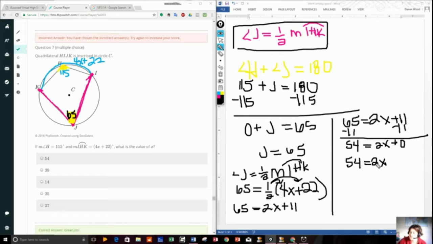Now 2 is multiplying x, so we're going to divide by 2. 54 divided by 2 is 27, and 2 divided by 2 is 1x. So therefore our x is equal to 27. Remember, it's that ninja 1. So our x is equal to 27.